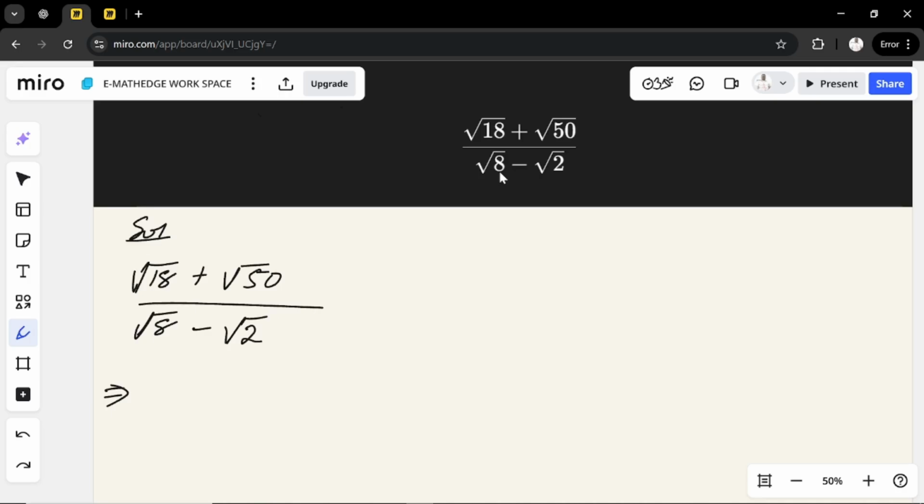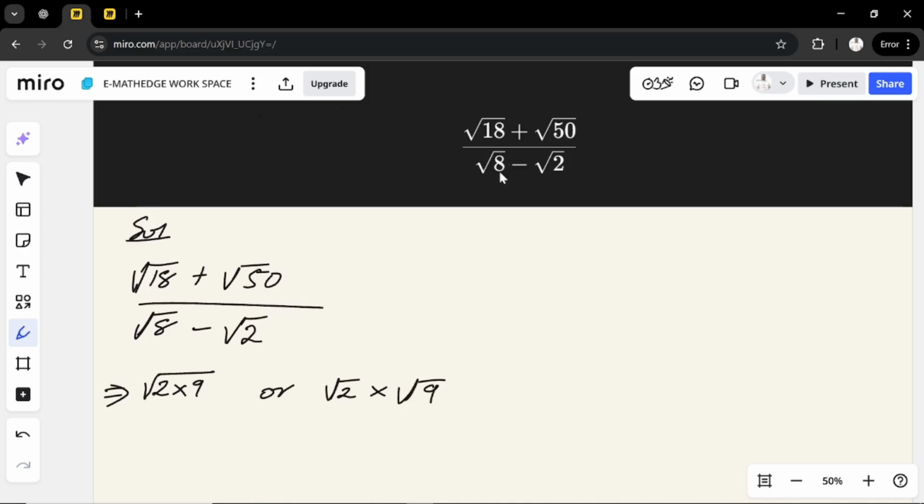If you are to split this root of 18, you can have it to be the same thing as the root of 2 multiplied by 9. Mind you, 2 multiplied by 9 is going to give us 18. So it is not bad if we have it to be the root of 2 multiplied by the root of 9.